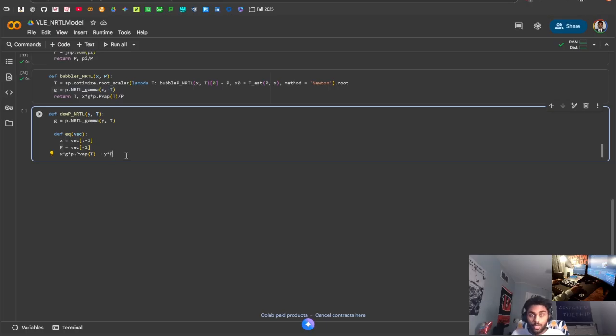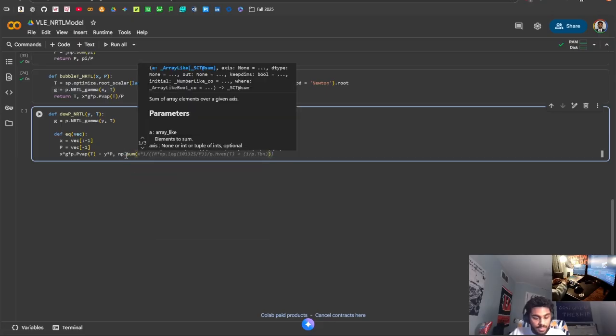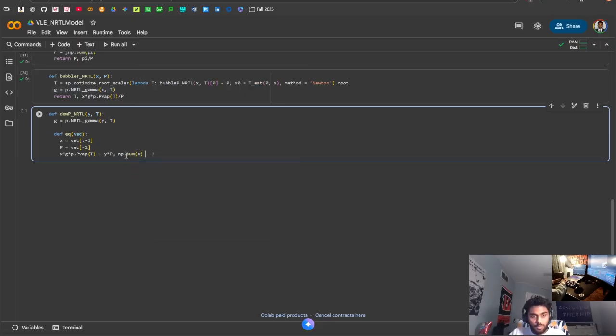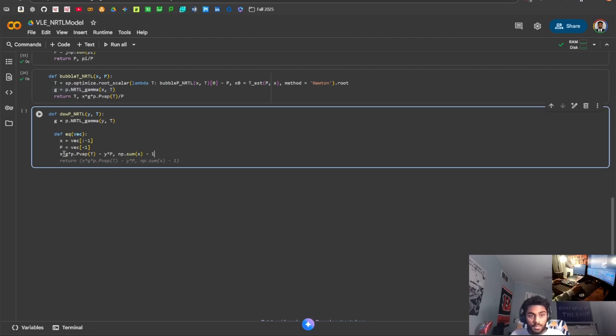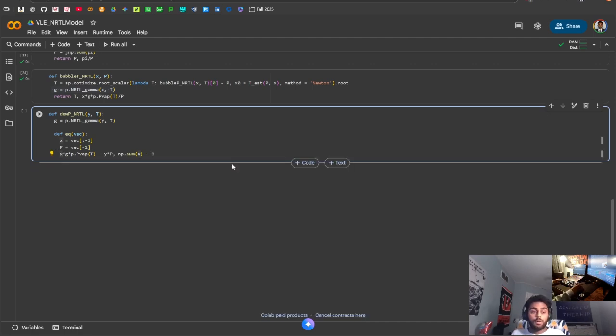Now, the other target function that we have is if we have the sum of our x's and subtract it by 1, these should also be 0. So we can return both of these, and these targets at our given temperature should have to equal 0.